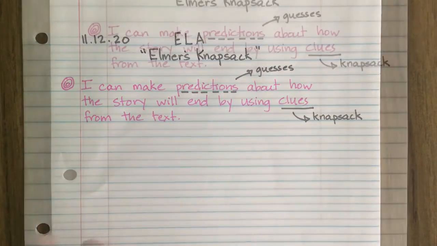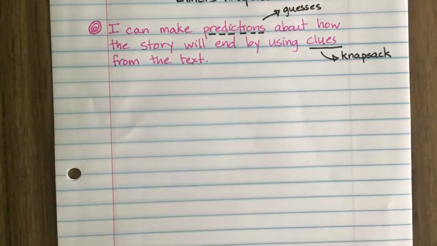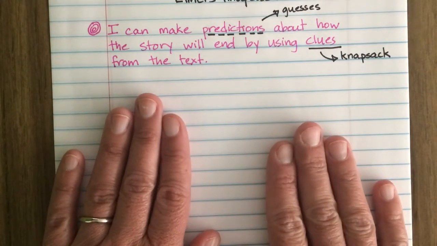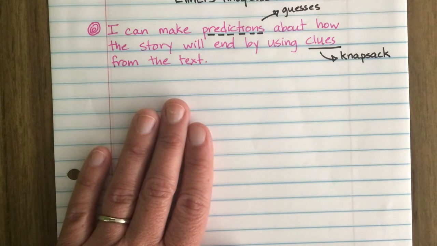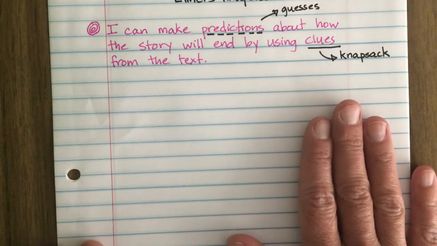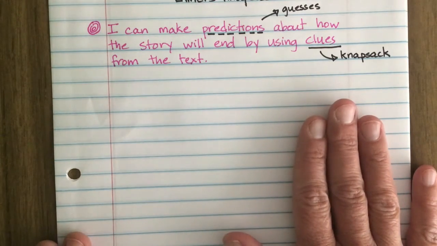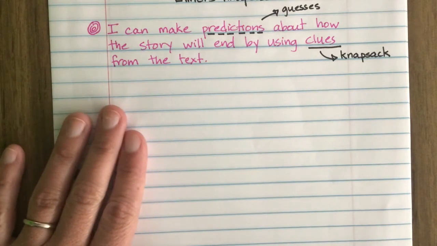There we go. Now we're going to set up our page, and we're going to have 2 columns on this page. On one side, we're going to write the name of the item from the knapsack. And on the other side, we're going to write about how it was used and in which chapter. So I want you to watch very closely as I set up my journal.